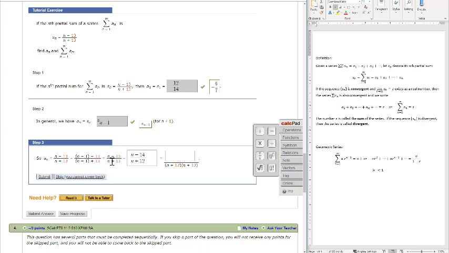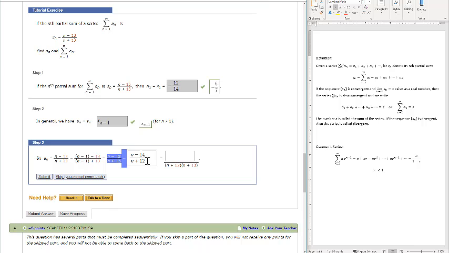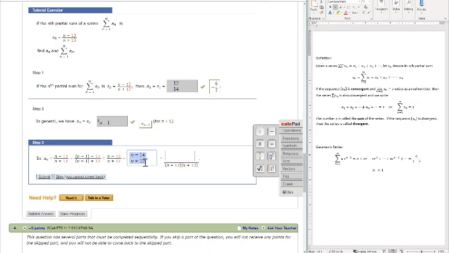Okay, so now we have common denominators that we have to find because we're adding and subtracting. We're subtracting the s sub n term and the s sub n minus 1 term. So how are we going to do that? Looks like we need to do just a little bit of algebra.